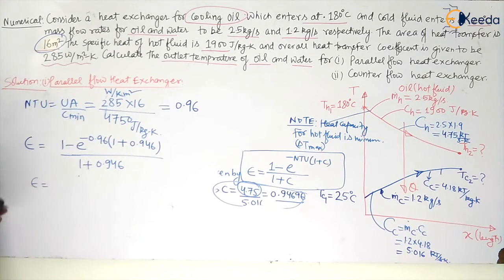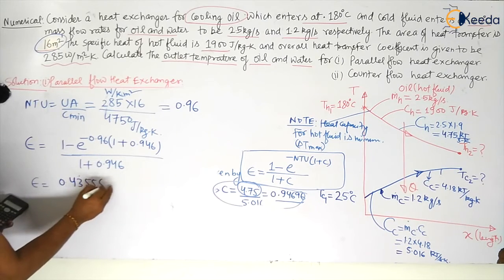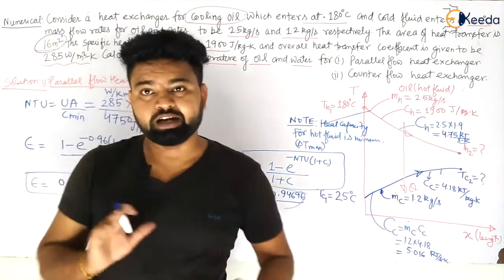Let us calculate again, my dear students: 1 minus e to the power minus 0.96 multiplied by 1.946, divided by 1.946. So this will be 0.43558, my dear students. The effectiveness now I know will be 0.43558.